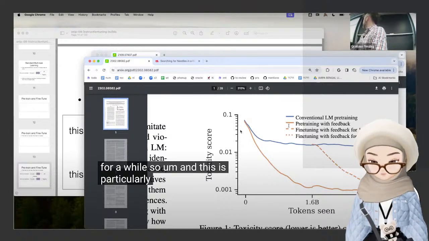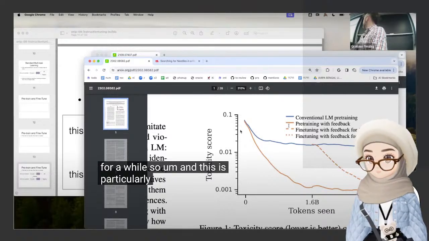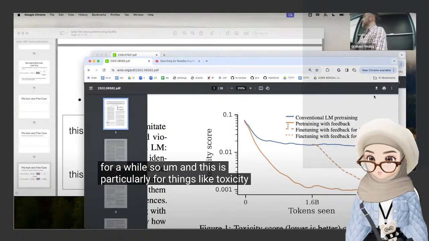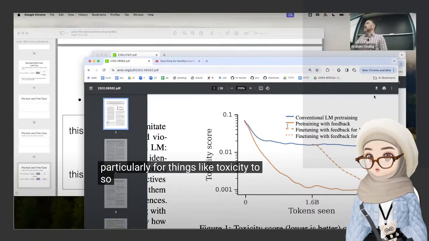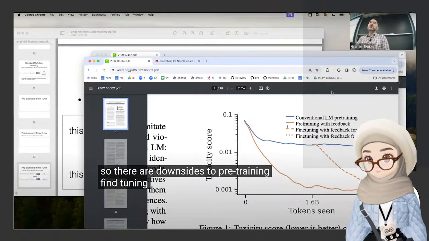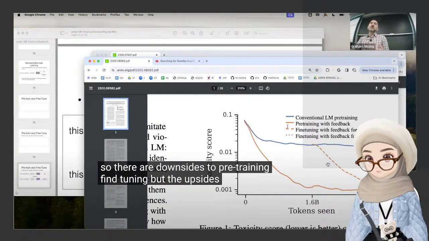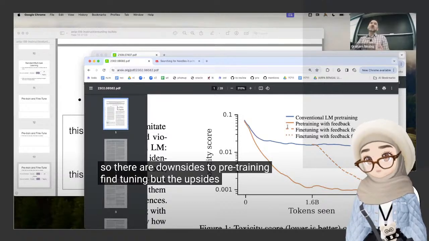That's basically what it's saying, but not everybody has the resources, particularly for things like toxicity. So there are downsides to pre-training and fine-tuning. But honestly, this one's huge. It's not that bad.